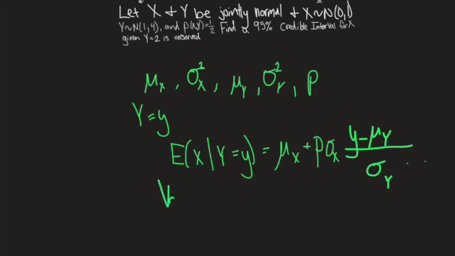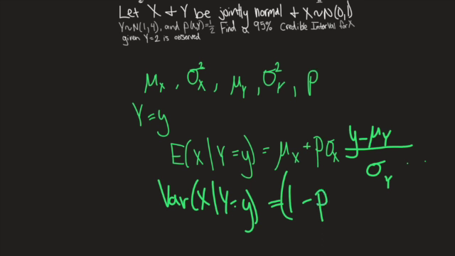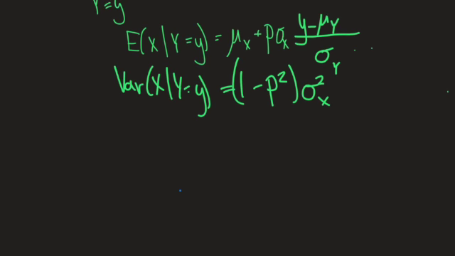We know the variance of x given y is going to be this, because of the joint normal distribution of x and y. In our specific problem, since y equals 2 is observed, we can plug y into our expectation and our variance.